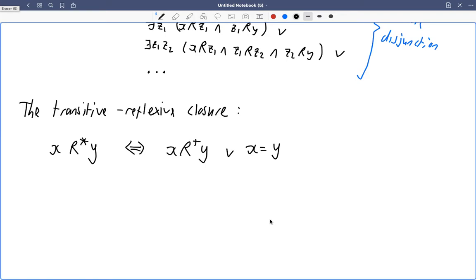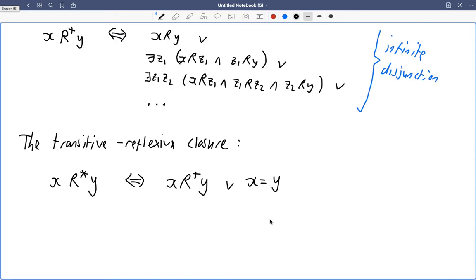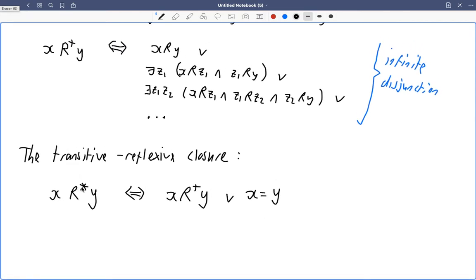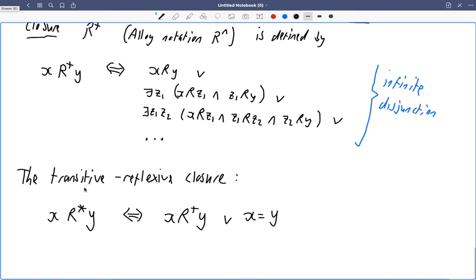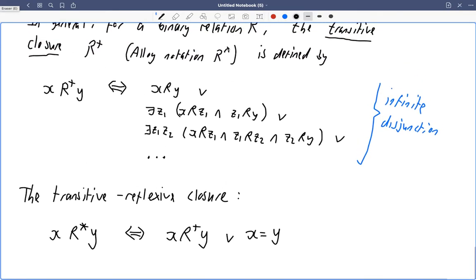So it's clear what these relations mean, and in Alloy we have the star operation to apply to a relation, and also the plus operation with this other notation here. If we've got a relation, we can ask about the transitive closure of the relation and the transitive reflexive closure of the relation.